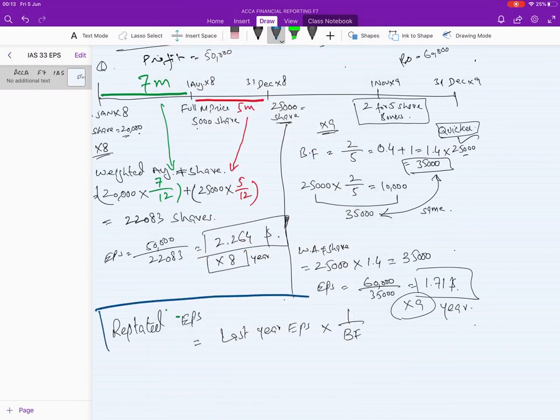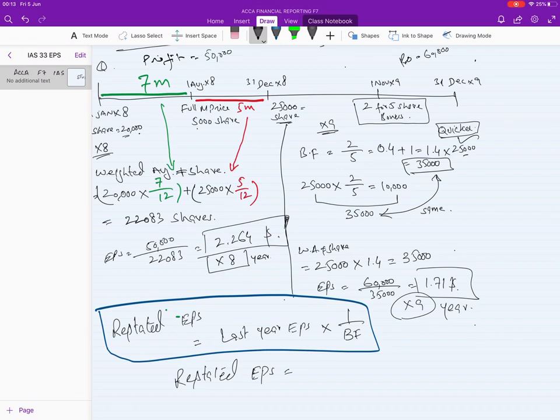This is your formula for restated EPS. Last year's EPS was 2.264, multiplied by 1 divided by the bonus fraction, 1.4, which will give you around $1.26.